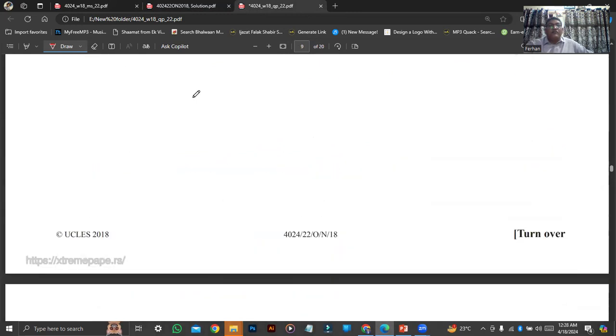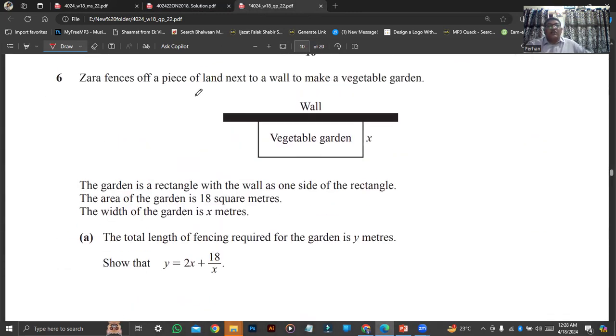Okay, so we are going to the next question. That is a 1 mark A part. Question number 6. Zara fences off a piece of land next to a wall to make a vegetable garden. So here you have a wall, and next to it you have made a vegetable garden, and this is the fence she has put. So this is width, length, and width.